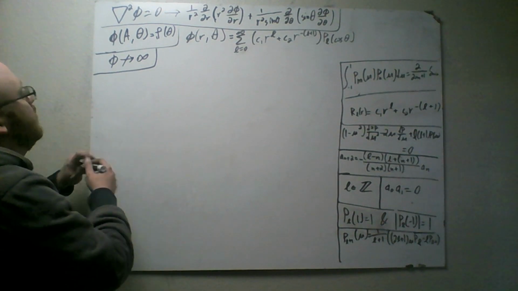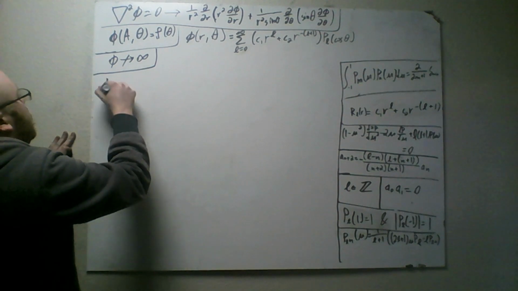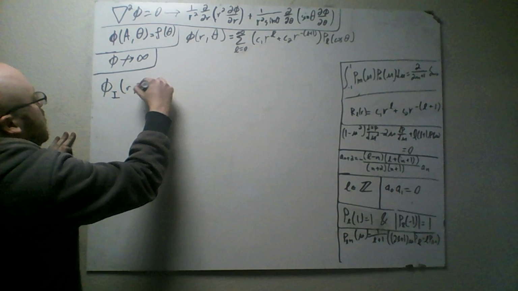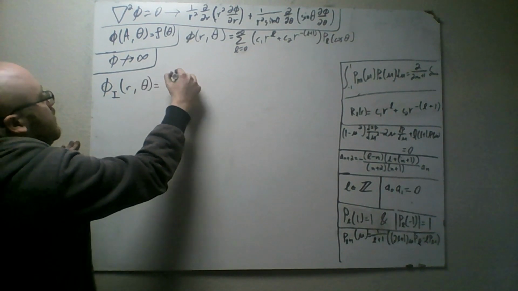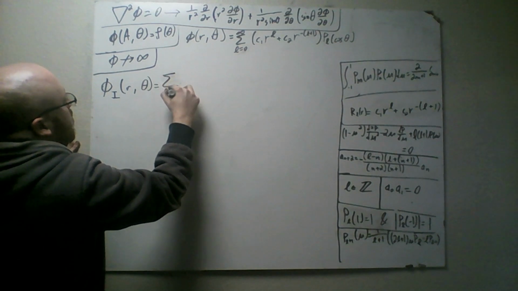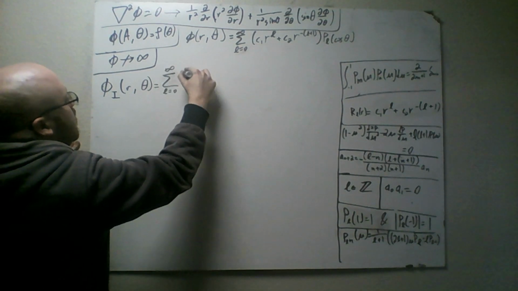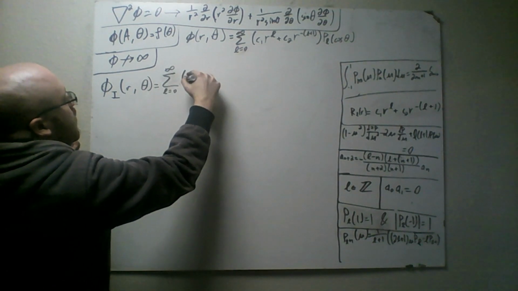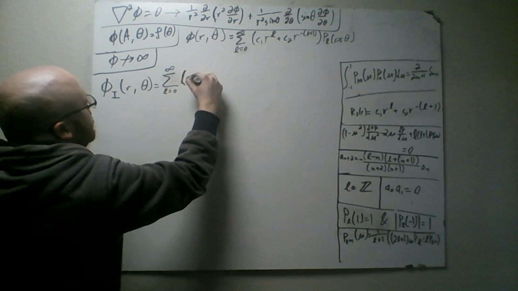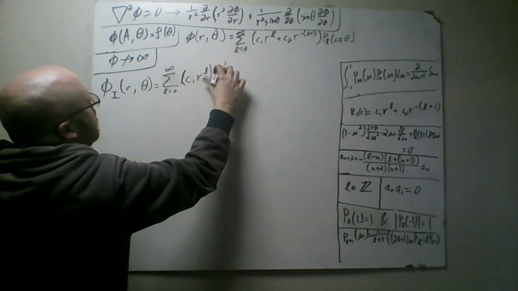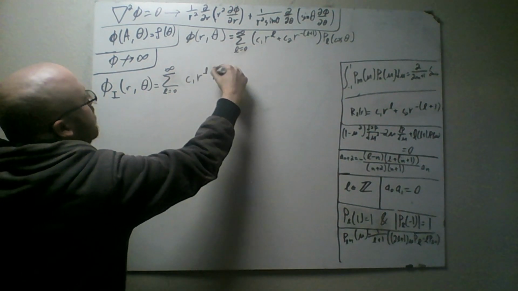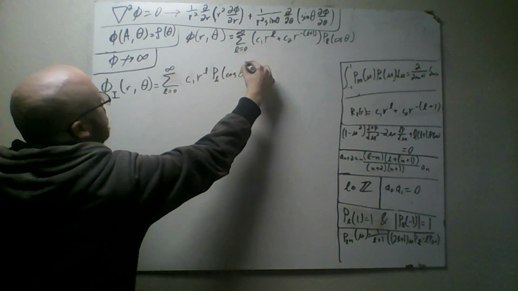So what that means is I'm going to denote phi I, for inside the sphere, of r and theta, is equal to the sum from L equals 0 to infinity of C1 r to the L times P L cosine theta.